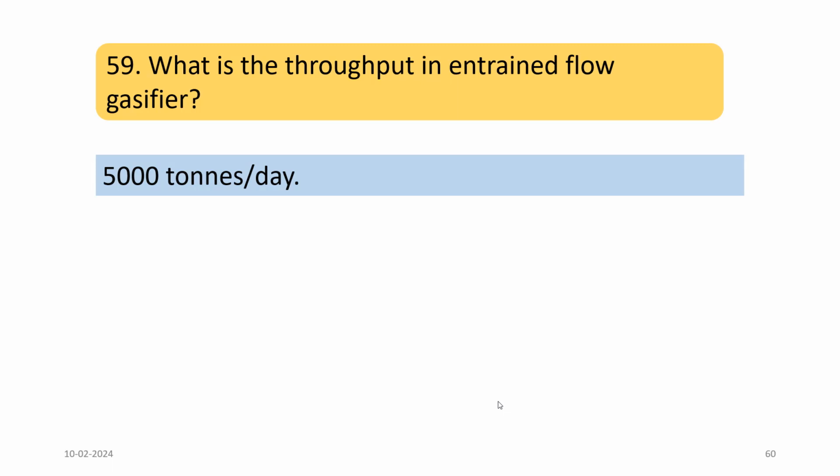So it is 5000 tons per day. In case of fluidized bed gasifier, that is 3000, and in case of moving bed, it is around 1500. So entrained flow gasifier produces much more syngas than those two.